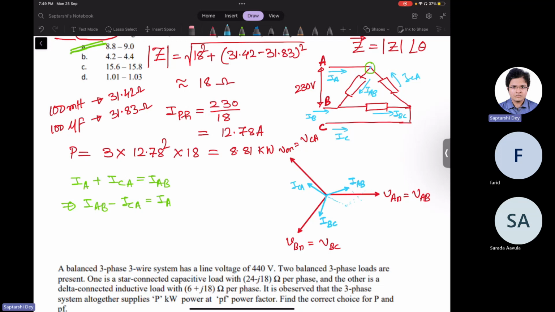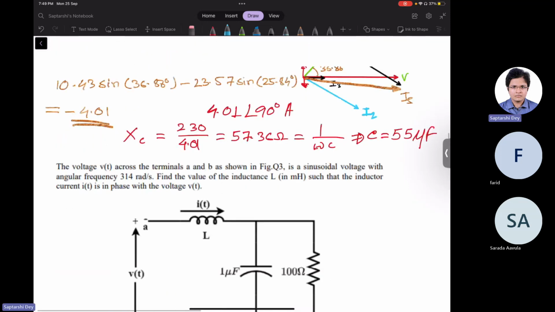The line current should lead, right? Tell me if you can find out. We did this some time back, right?